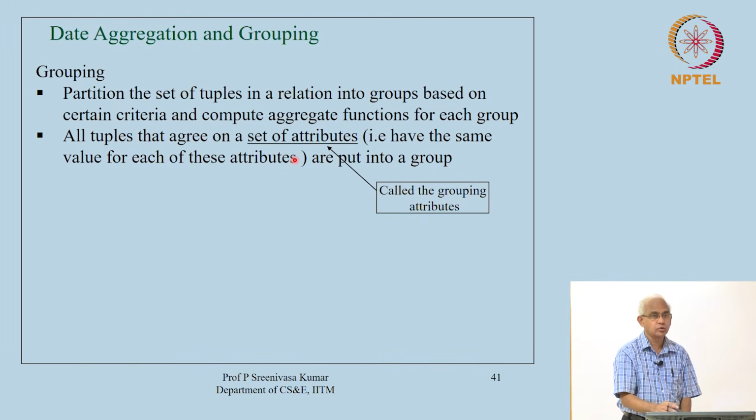Okay. And how many groups will be there? As many as there are distinct pairs of values for these attributes A, B. If the A, B pair has say some 10 distinct values in the data, then there will be 10 groups, 10 partitions.